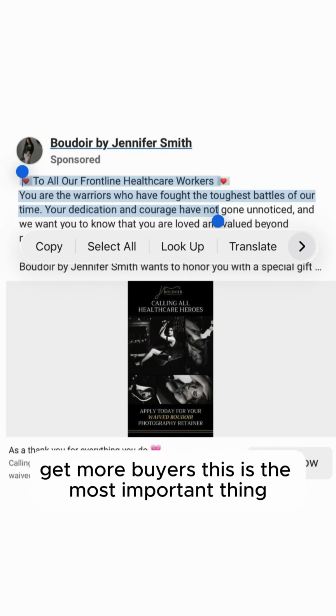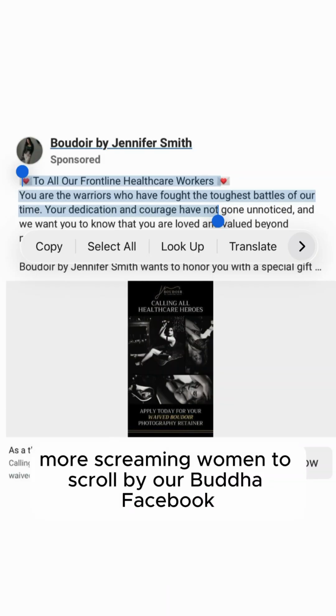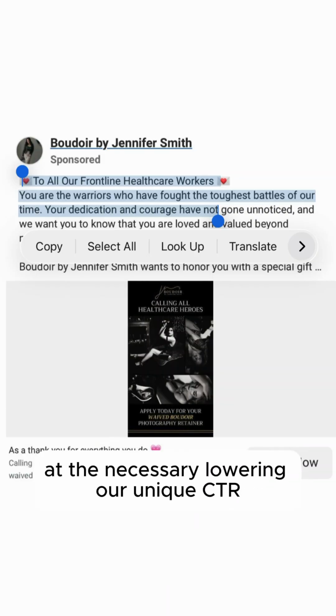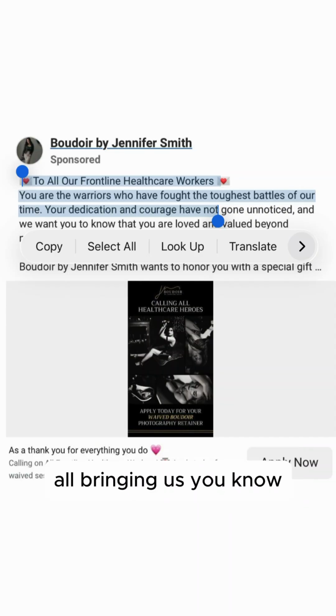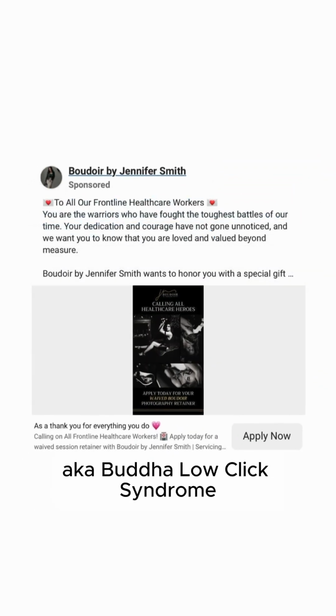This is the number one most important thing, to bring in more buyers. But what it actually causes is way more women to scroll by our boudoir Facebook ad than necessary, lowering our unique CTR, bringing us under 6% and contributing to BLCS, aka boudoir low click syndrome.